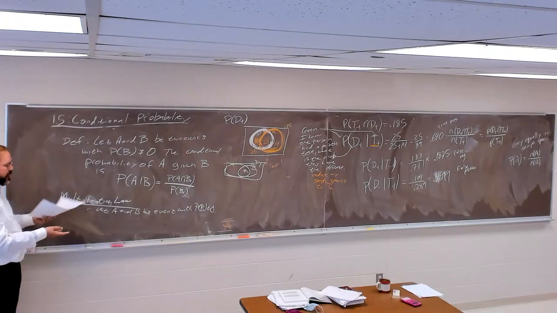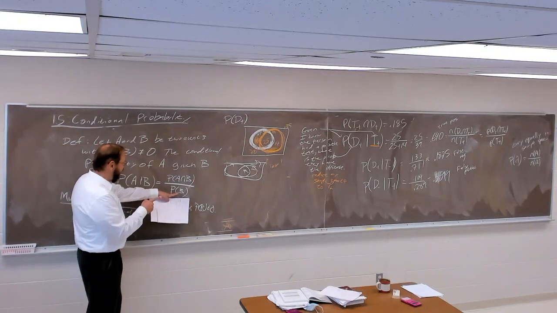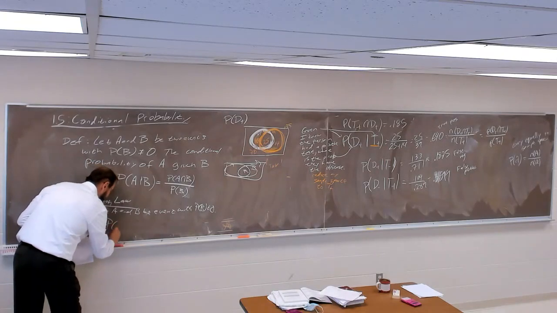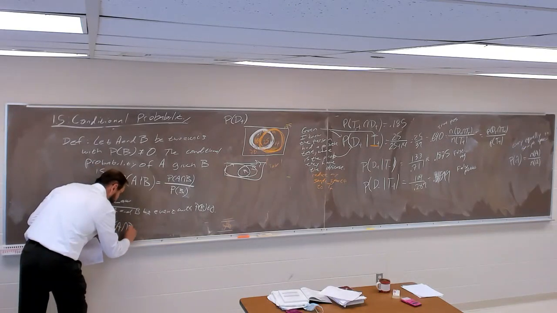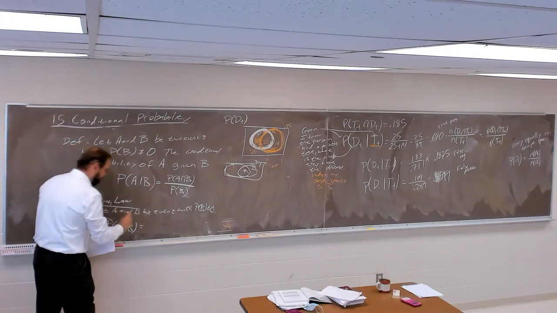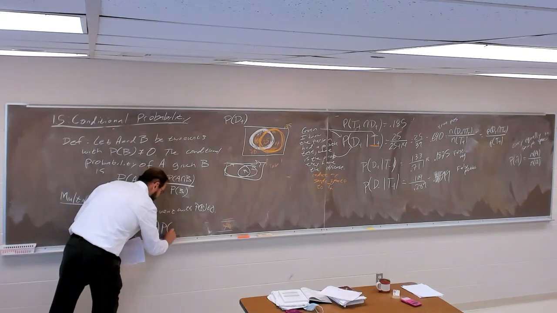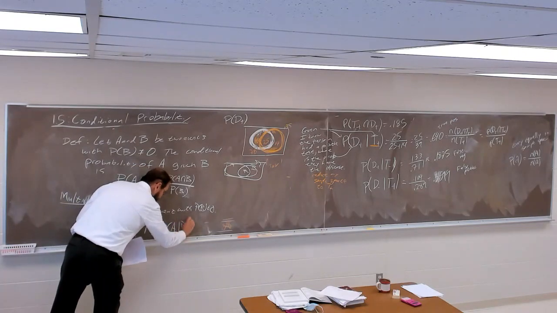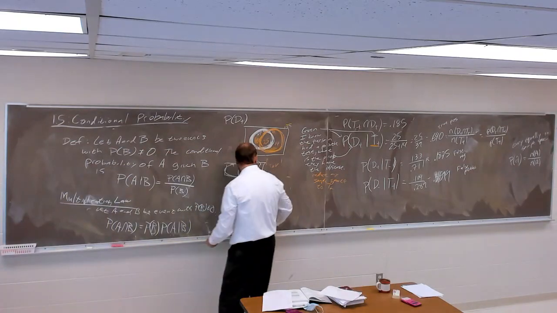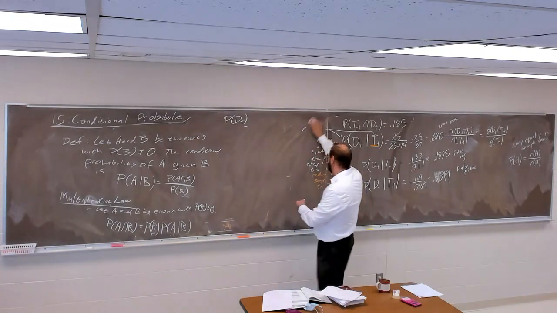With the probability of B not equal to 0, then I can rearrange this equation right here and calculate the probability of A intersect B. So multiply both sides by the probability of B: the probability of B multiplied by the probability of A given B. Okay.